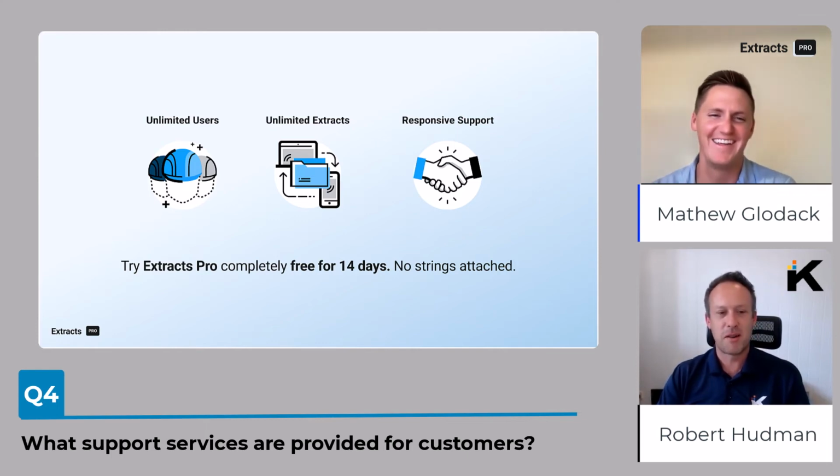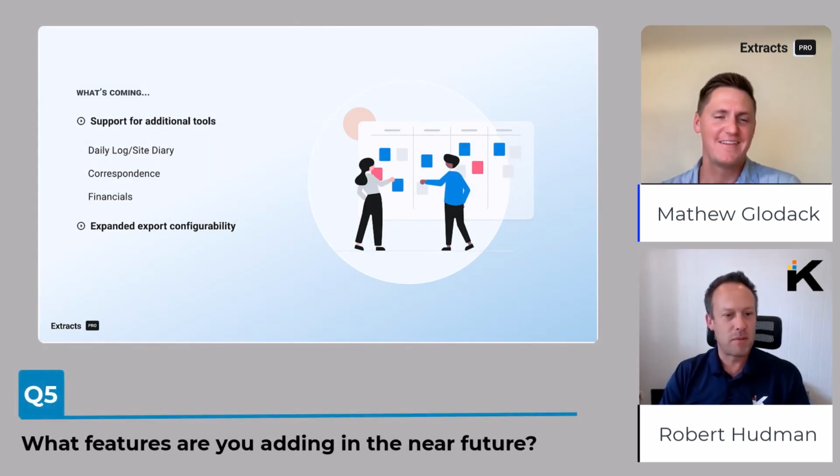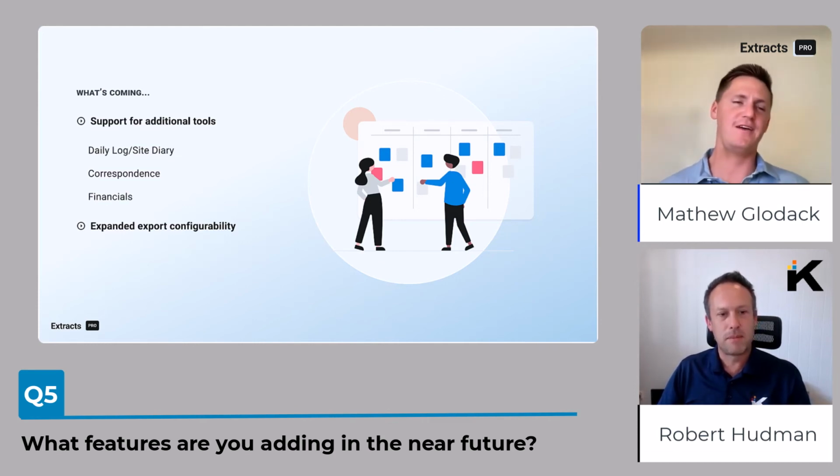As a final question, where's the product going over the next 6 to 12 months? Are you looking at adding functionality or evolving the product in any way? Now that we have a lot of tools supported, there's a pretty wide landscape of directions we could go. But in terms of short-term direction, I'd say more tool support. We still want to add daily log or site diary.